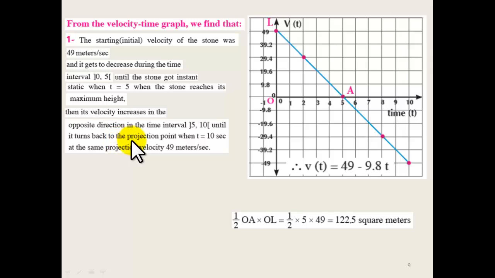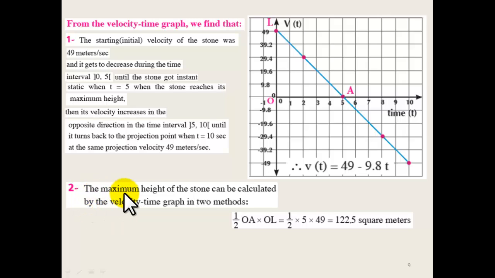It turns back to the projection point when t equals 10 seconds, with velocity negative 49, but its absolute value equals 49. Again, the same projection velocity, 49 meters per second.